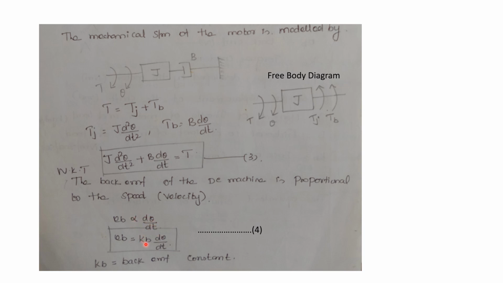To remove the proportionality, we introduce a back EMF constant Kb, into d theta by dt. So this is also another equation. In this way we are getting 4 equations from this armature controlled DC motor. Using these 4 equations, we are going to find the required transfer function of the system.